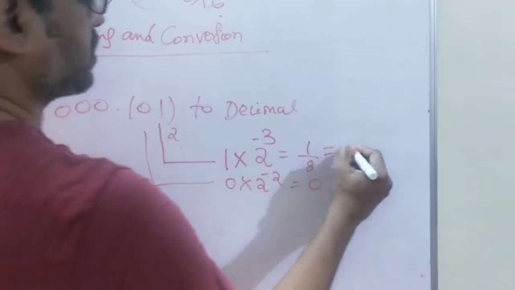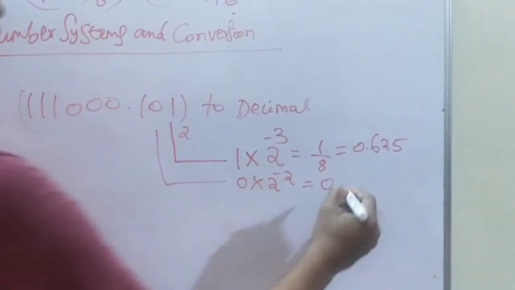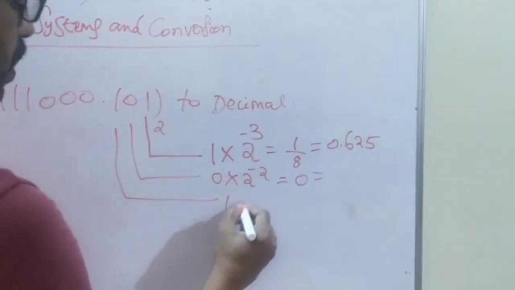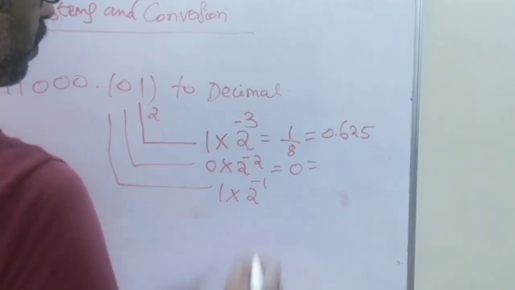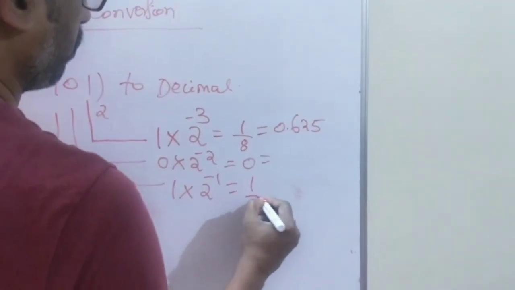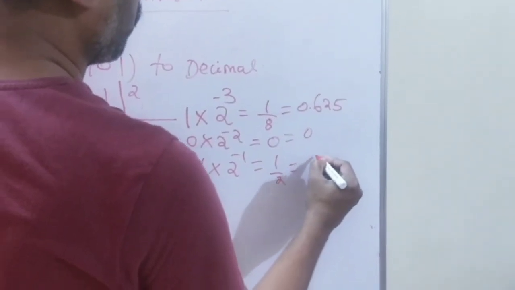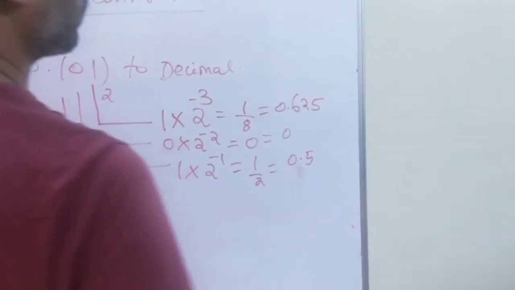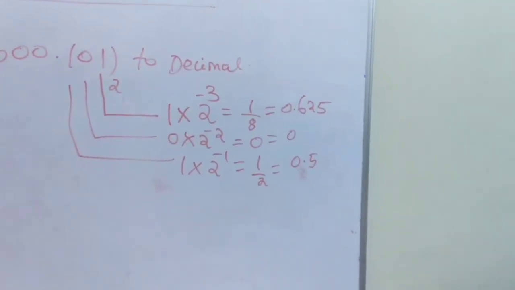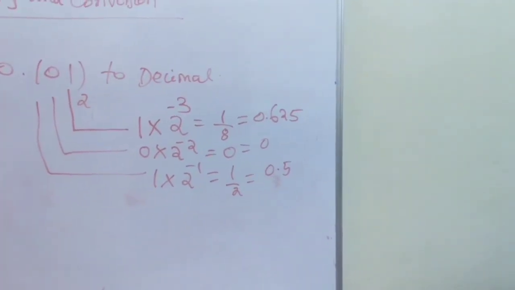Then 1 into 2 power minus 1, which is nothing but 1 by 2, which is equal to 0.5.